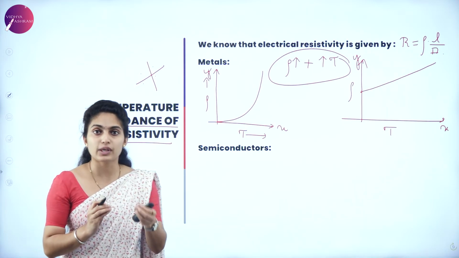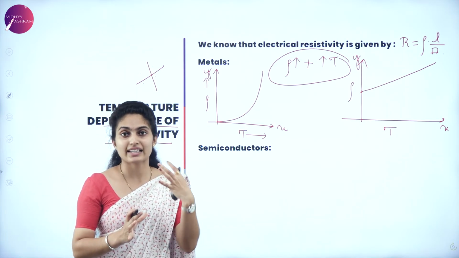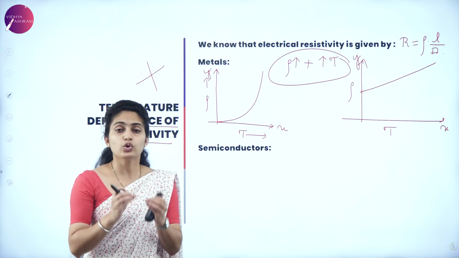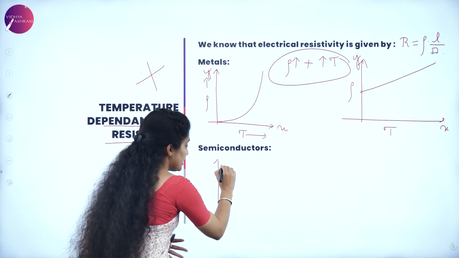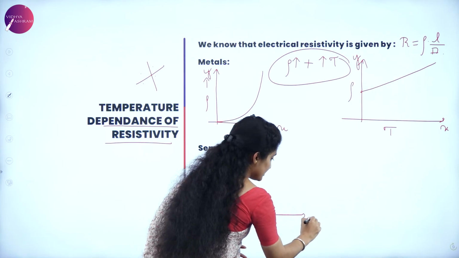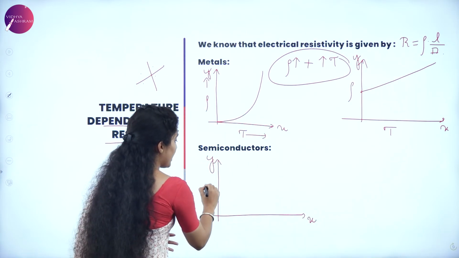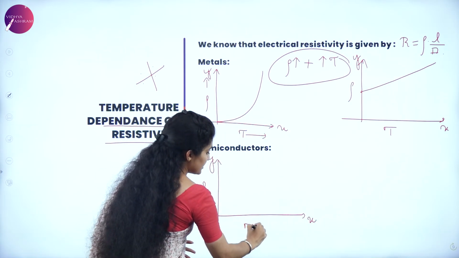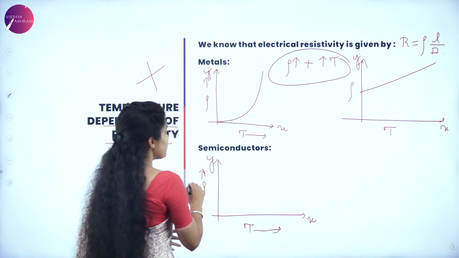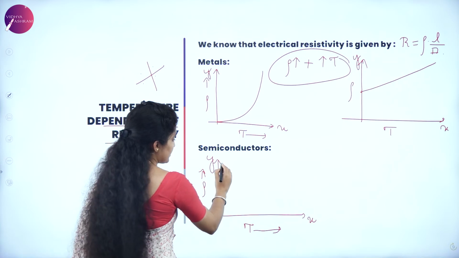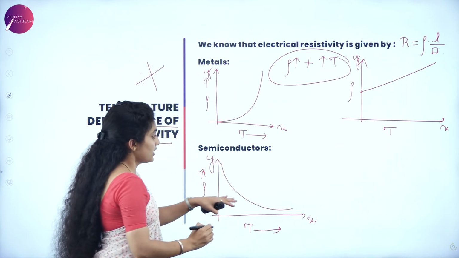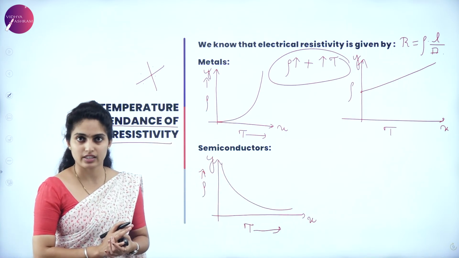In the case of semiconductors, how exactly does the resistivity behave? This is the x-axis and y-axis, resistivity and temperature. As the temperature increases, the resistivity decreases. This is in the case of the semiconductors.